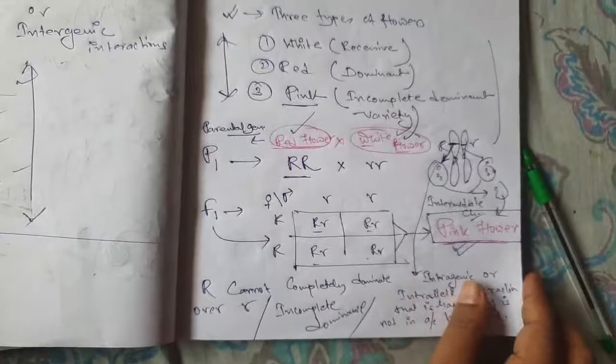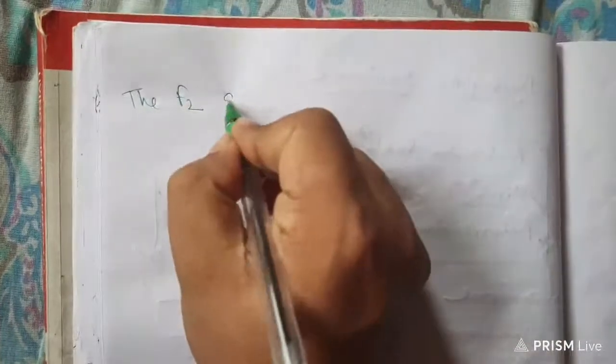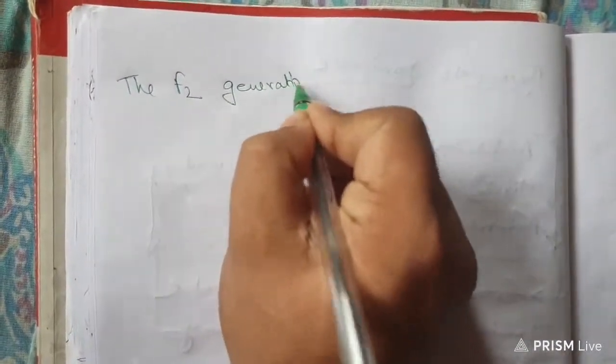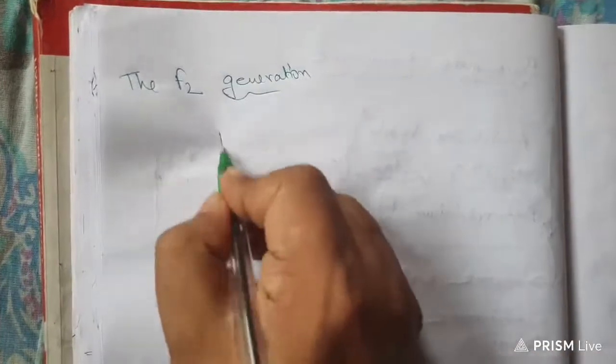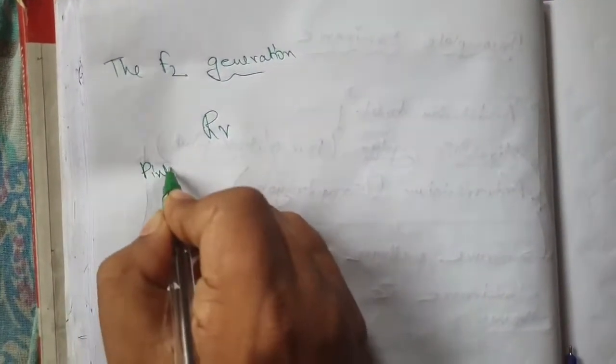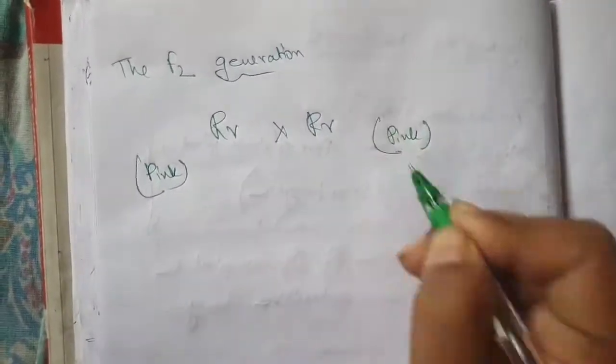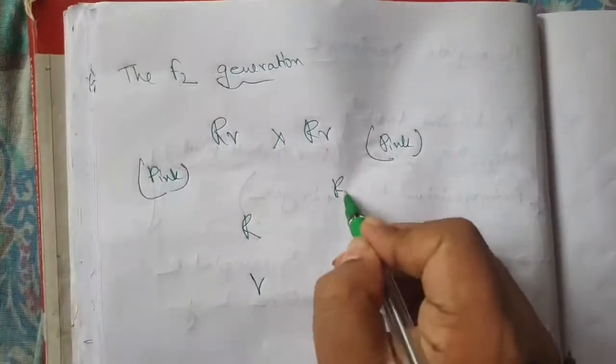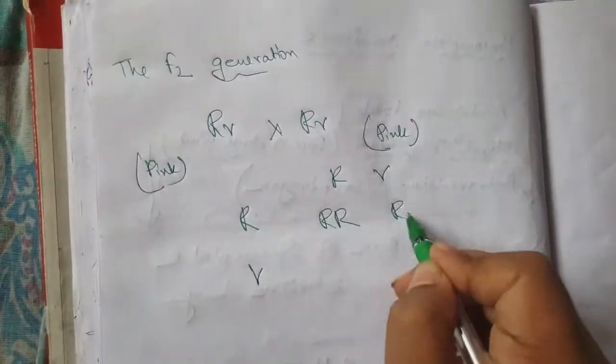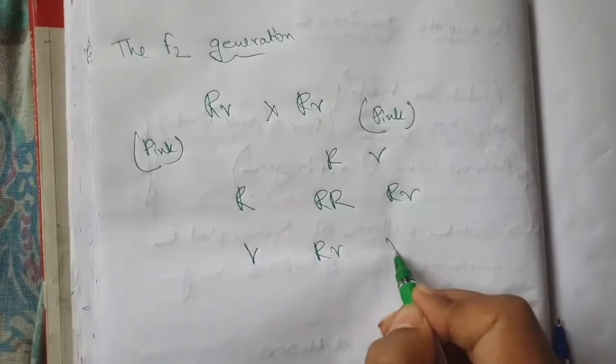Now, if I try to find out the F2 generation, how should it look? In the F2 generation, Rr, a pink colored flower plant, is crossed with Rr, a pink colored flower plant, and R and r will be the gametes, and you will get RR, Rr, Rr and rr.